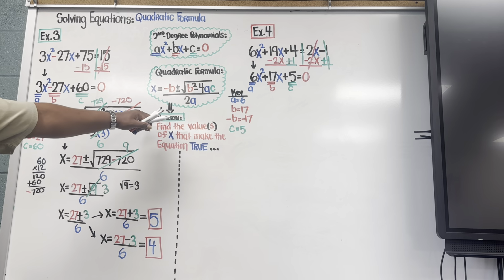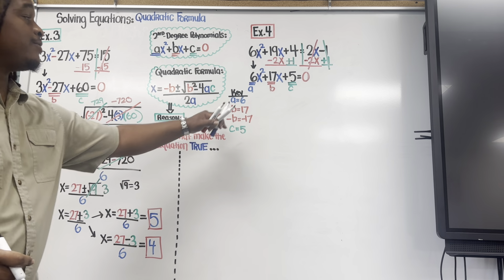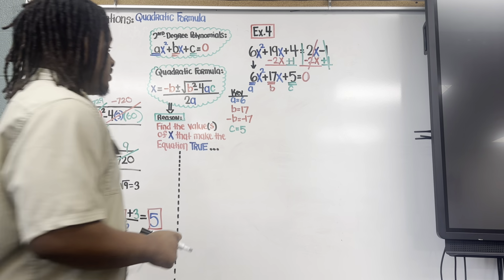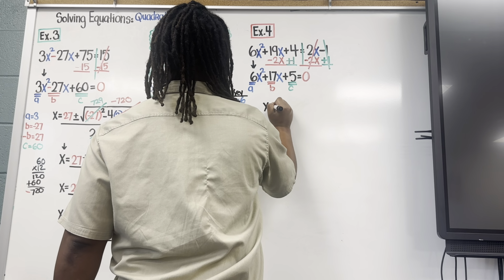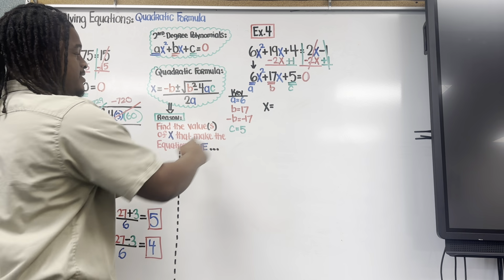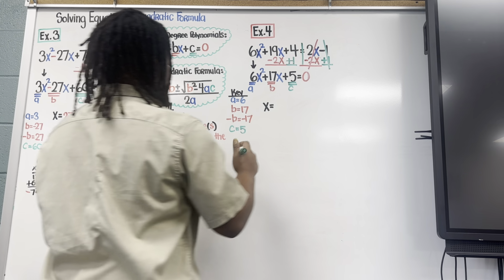Now it's time to plug these values into the quadratic formula. Let's go ahead and do that. I'm going to write it out. I have x equals negative b, and negative b in this case is negative 17.